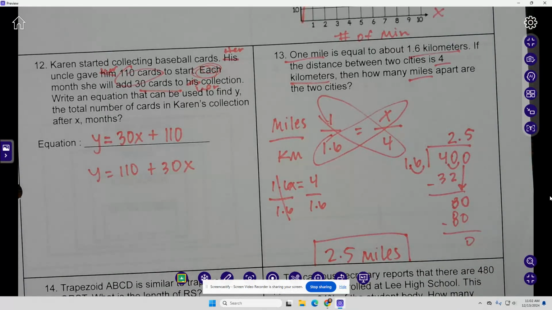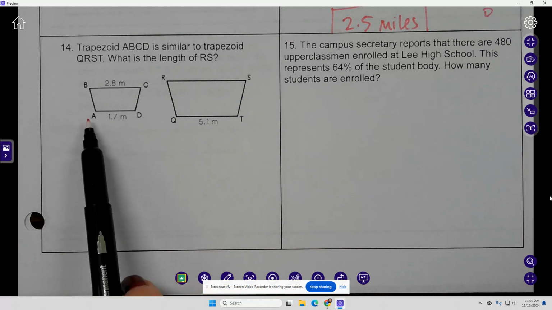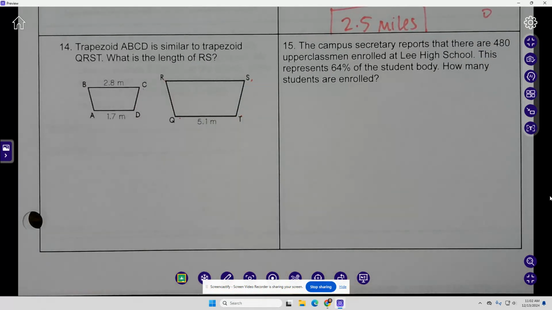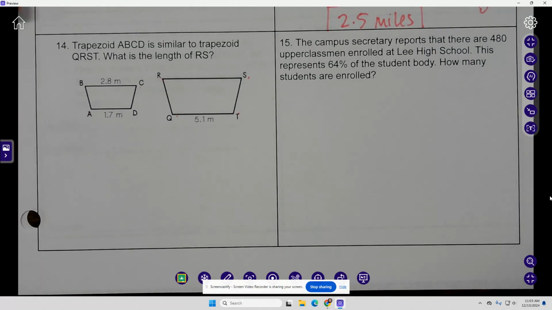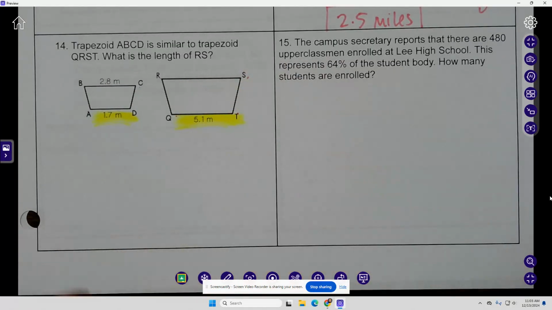All right, number 14. This is the latest thing we've been doing. Trapezoid ABCD is similar to trapezoid QRST. So if we look here, ABCD, QRST. So not only are they similar, they are rotated in the same way, which makes it really simple for us because it's really simple to find corresponding lines whenever they are rotated the same way.